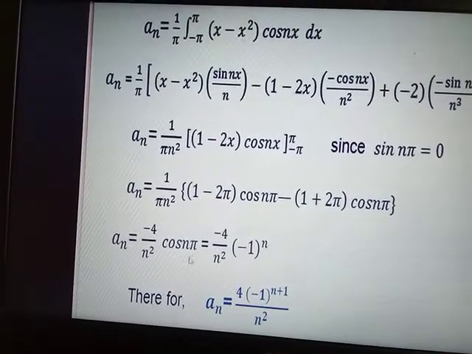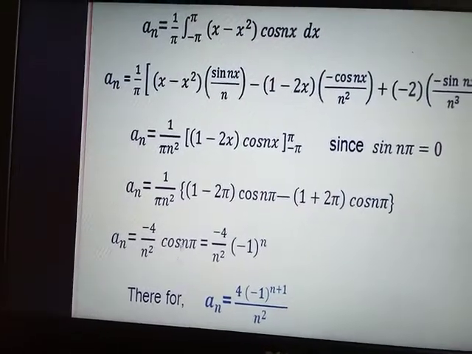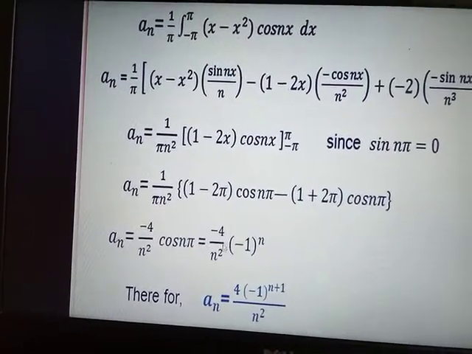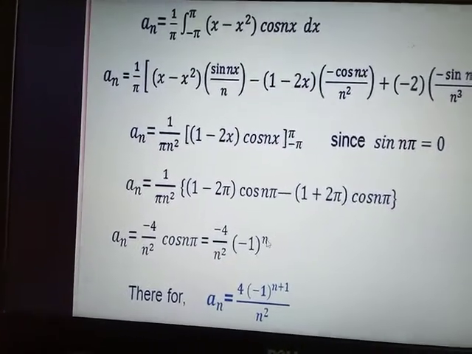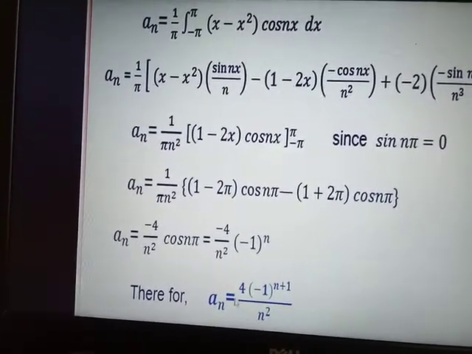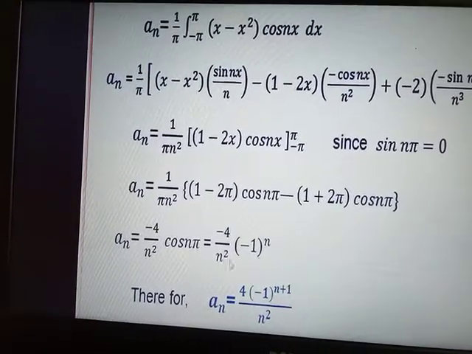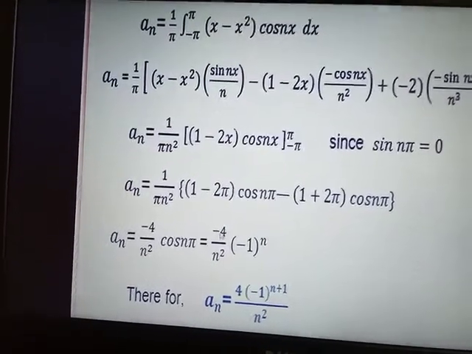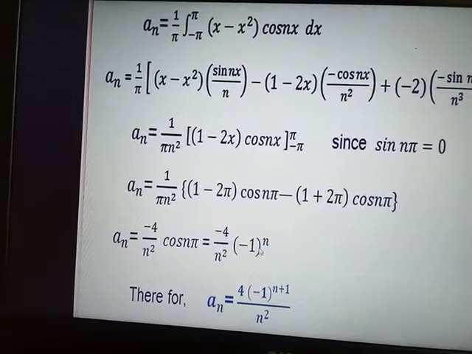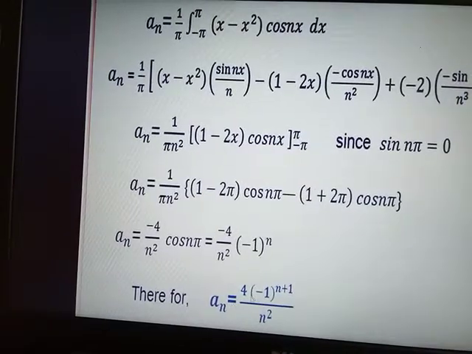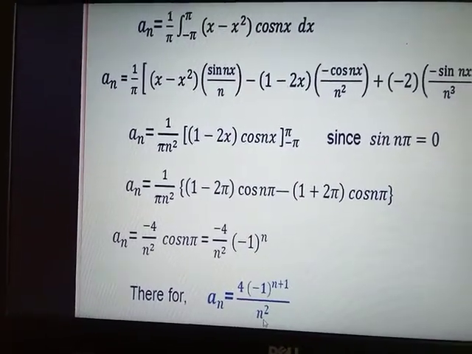We know that cos pi value is minus 1, here we have cos n pi, therefore it is minus 1 raised to n, therefore an is equal to 4 into minus 1 raised to n plus 1, because here already we have the negative sign, this minus 1, it will be 4 into minus 1 raised to n plus 1 divided by n square.